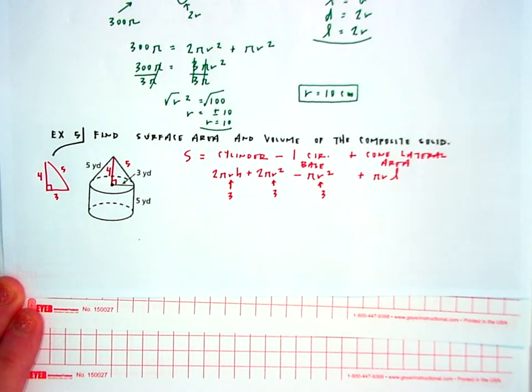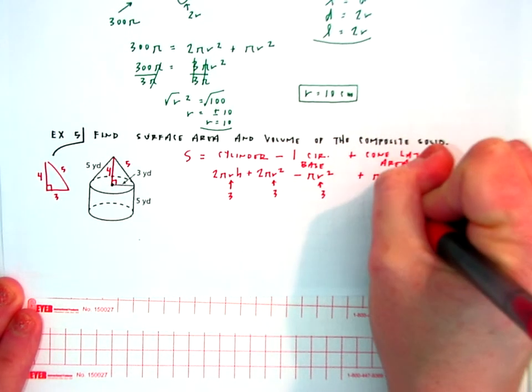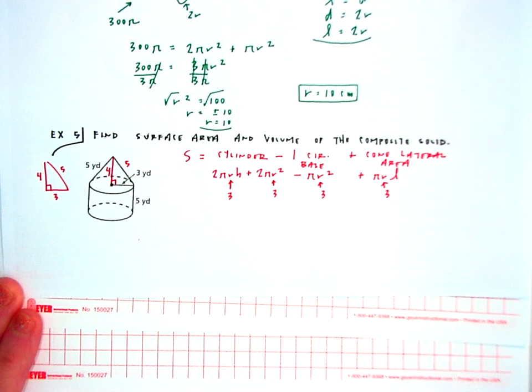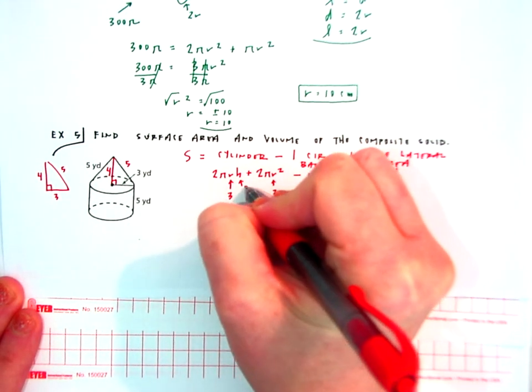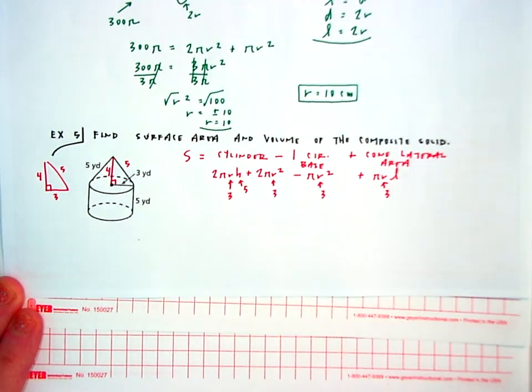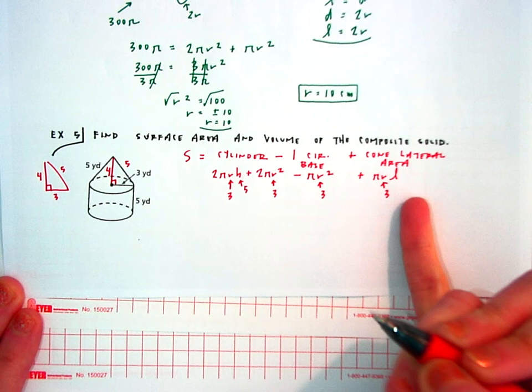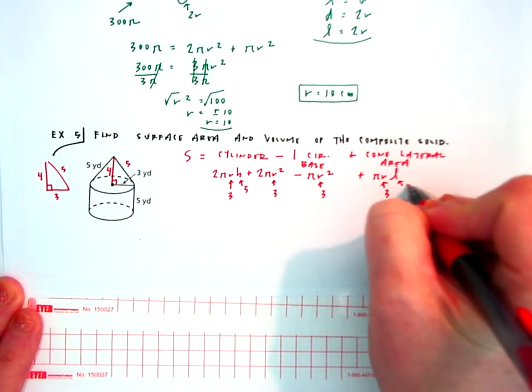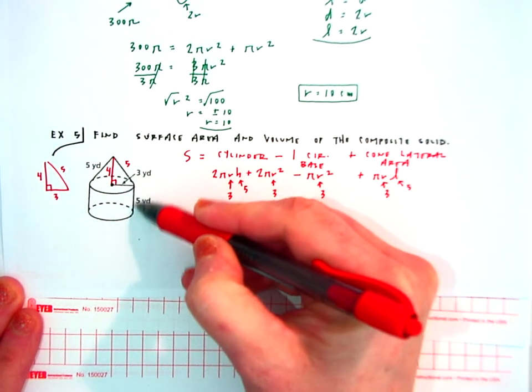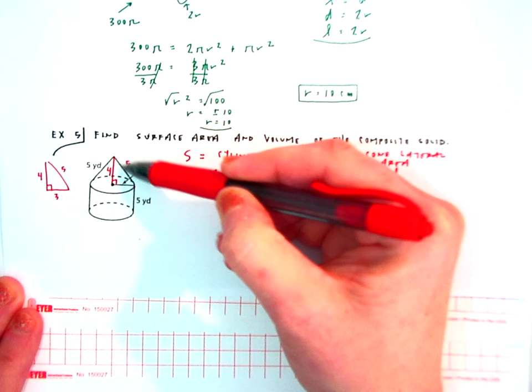And for the cone, radius is also 3. Okay, height of the cylinder right here is 5. And let's see, slant height of the cone also 5. Right, but here's the height of the cylinder, and here's the slant height of the cone.